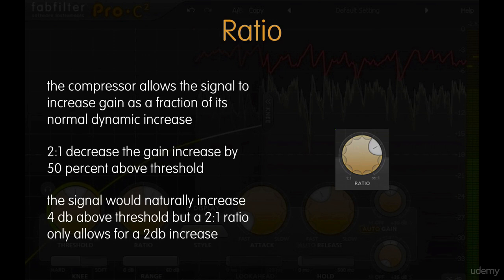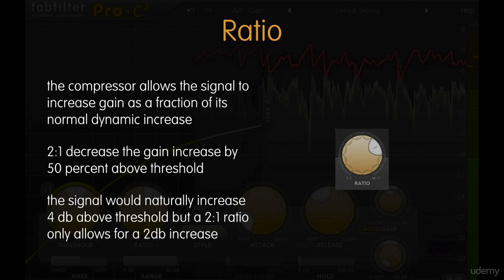So if you have a 2-to-1 ratio and the signal wants to go 4 dB above the threshold, the 2-to-1 ratio will only allow it to go 2 dB up. So that's the thing. It's still allowing it to exceed the threshold and to be dynamically expressive, but it's cutting it in half. That's what a 2-to-1 ratio is.